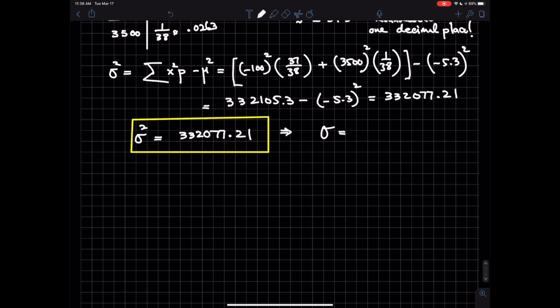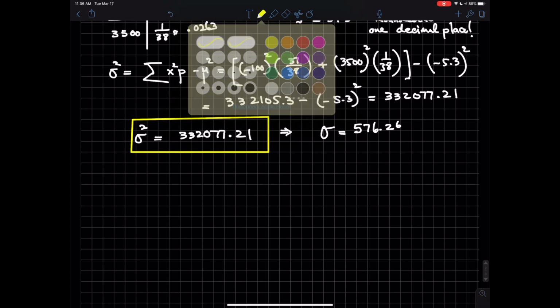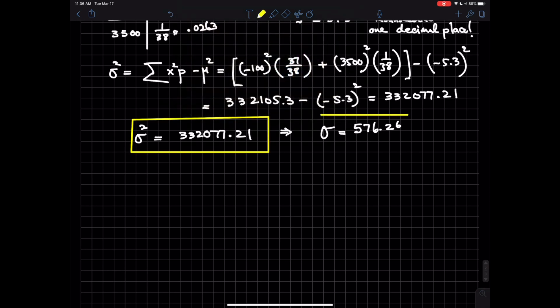And if I do the square root of that value, I get 576.261. And again, I can round this to any value. Since I've rounded my variance to 2 decimal places, let me leave this to 2 decimal places as well. So my standard deviation at this point would simply be 576.26. And that's how you calculate the standard deviation.